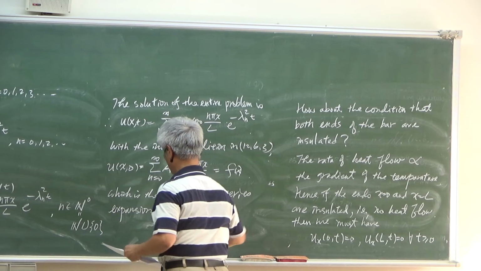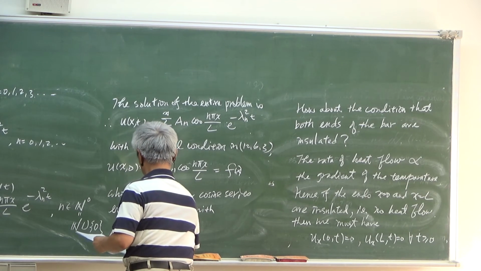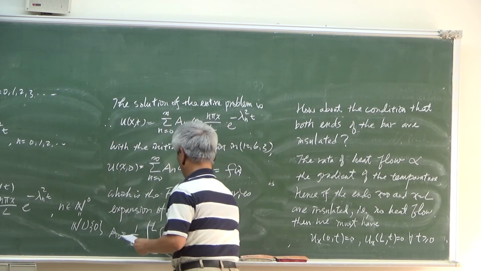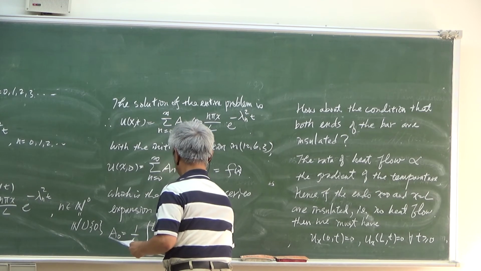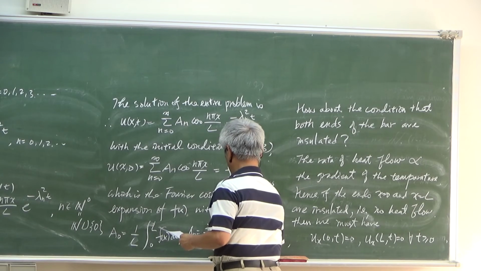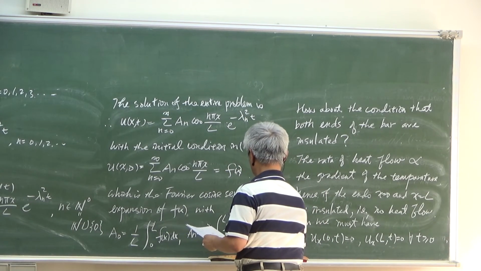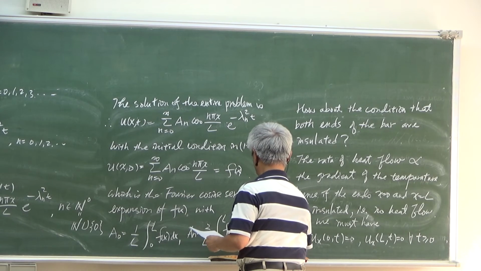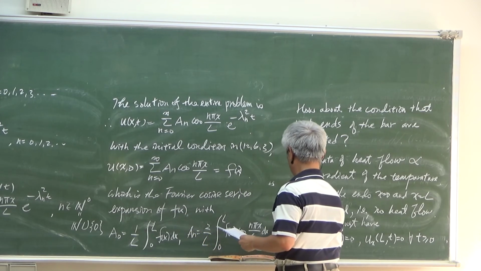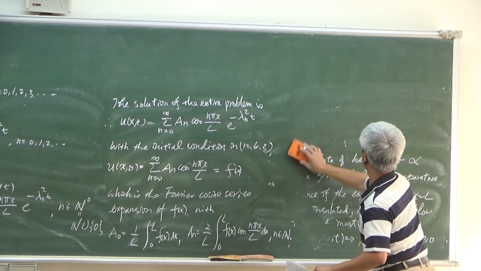So we set A_0 equal to 1 over L times the integral from 0 to L of f of x dx. And A_n is 2 divided by L times the integral from 0 to L of f of x cosine n pi x over L dx, for all n belonging to the set of all positive integers.